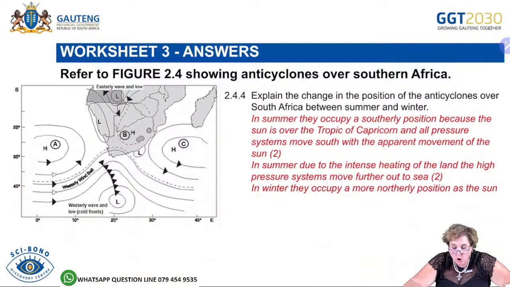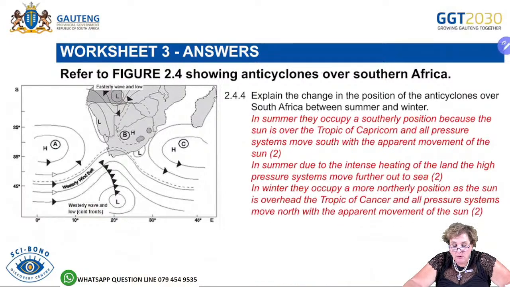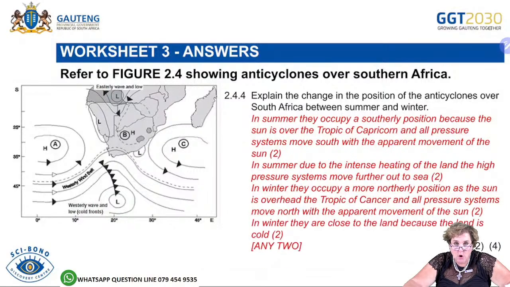In winter they occupy a more northerly position as the sun is overhead at the Tropic of Cancer, and all pressure systems move north with the apparent movement of the sun. In winter they are close to the land because the land is cold. Any two answers here.